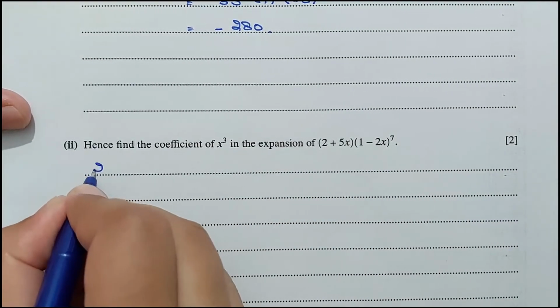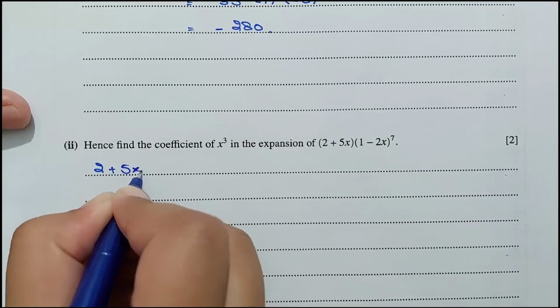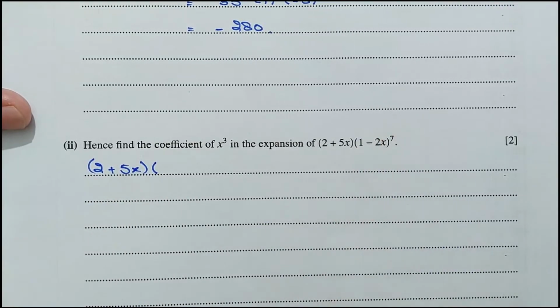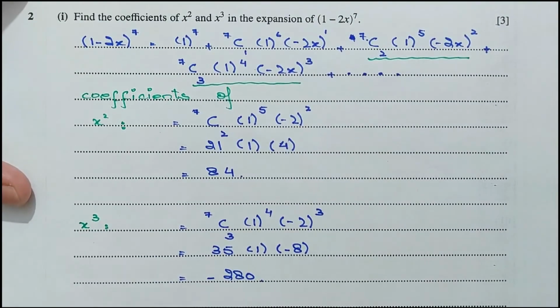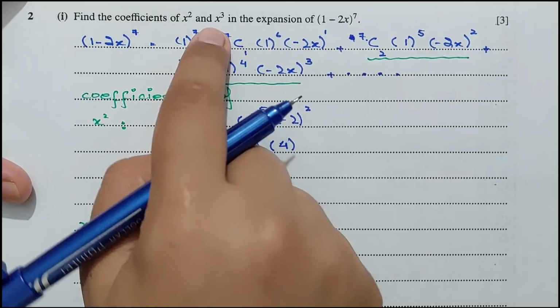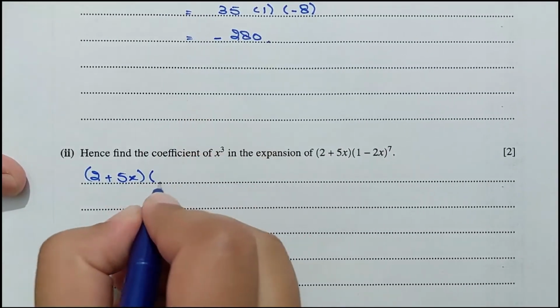Okay, so we have 2 plus 5x. This is going to multiply with the expansion of 1 minus 2x to the power 7. Okay, so here is the expansion. I opened 1, 2, 3, 4 terms. So the first term 1 to the power 7 is 1.